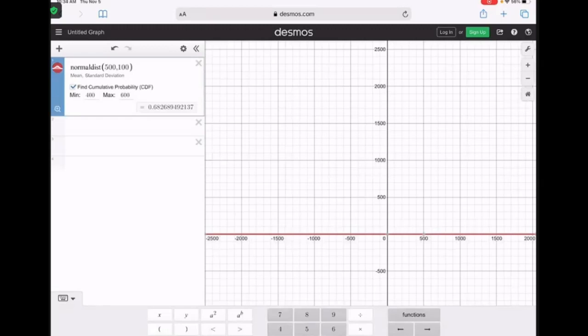But it did do it. So you can do it either way with Desmos, with the graphing calculator app, with your calculator. It all does it the same. That's the main thing. You need to be able to find the area. How are you going to choose to find the area? Now, like Mariana was saying, couldn't you just use the 68% because you know it is? And the answer is yes.